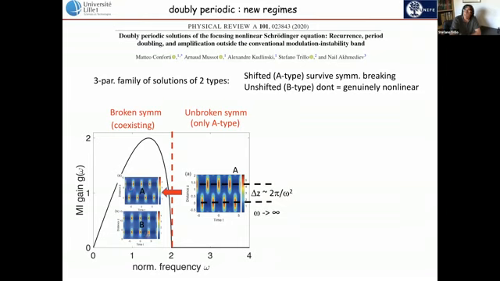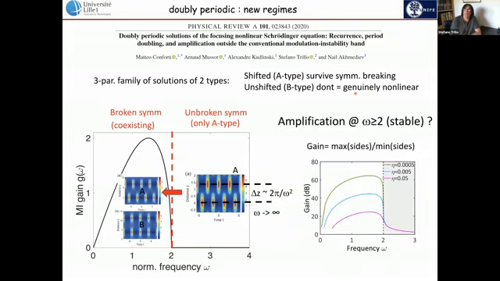But the B-type, the unshifted orbits, do not. They exist only from 0 to 2 in terms of frequency. So I would say that they are genuinely nonlinear, and they occur because of the symmetry breaking.